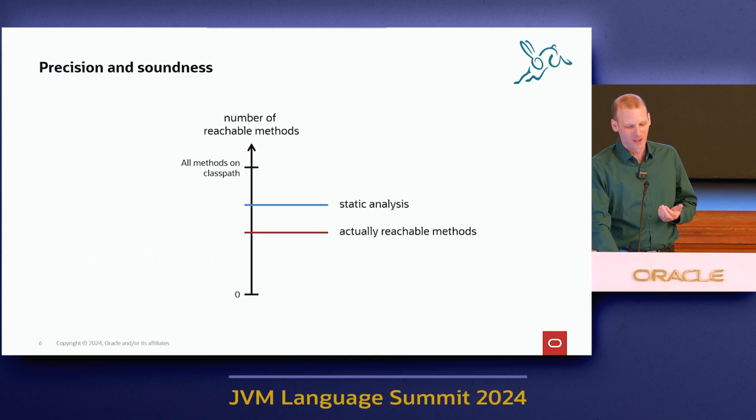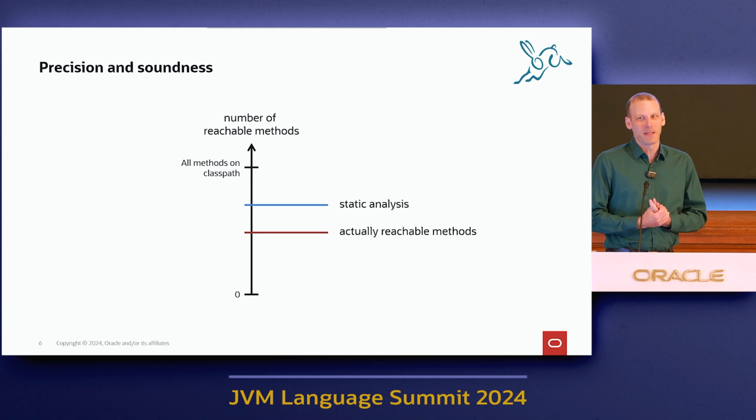How unsound are you? When you look at the literature of points-to analysis, there are lots of academic papers published, and of course, you want to get your paper published. And how do you get your paper published? Well, I show such a great improvement of analysis precision. But if your analysis is not sound, then you never know.